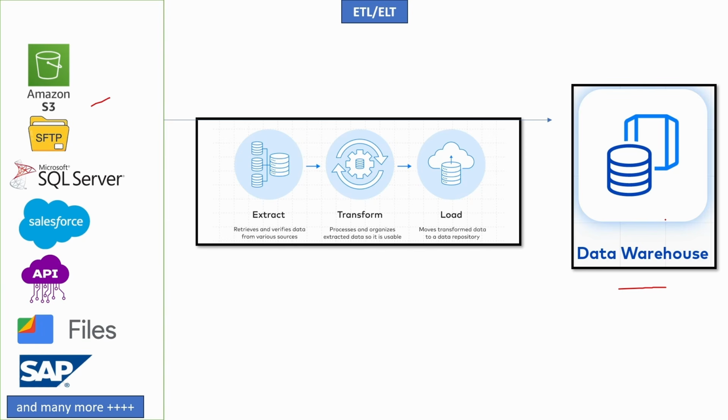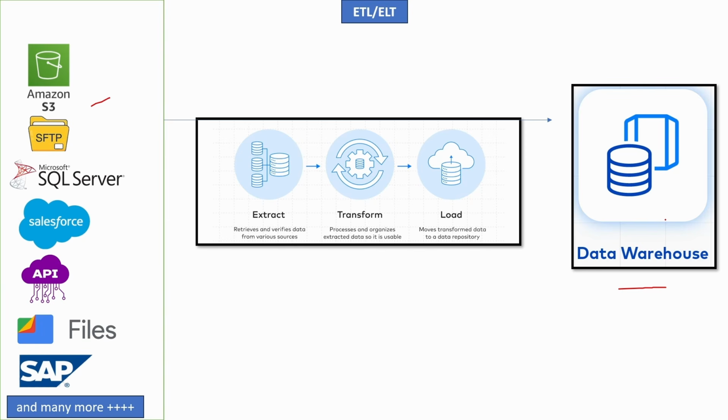The final clean data is moved into my target destination, such as data warehouse or even data lake, where it can be used for BI purposes. So the whole process is known as ETL, or ELT process is also there, where we first extract, then load the data, and then after loading the data into our data warehouse, we transform the data.